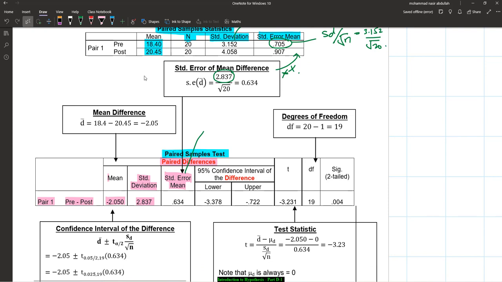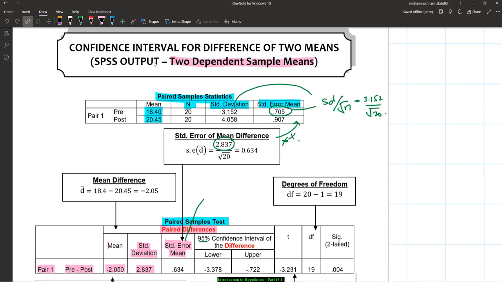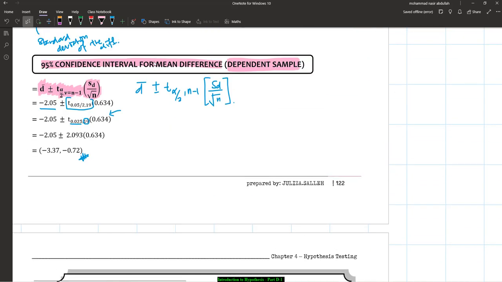Then we have another column which indicates the 95% confidence interval for the difference. This is the same calculation that we had previously: d bar plus minus t alpha divided by 2, n minus 1, times the standard error of the difference.